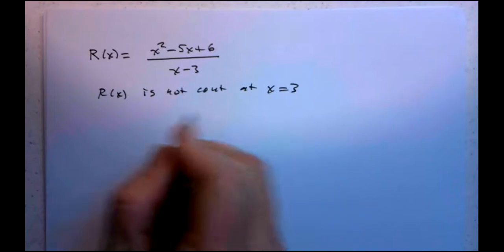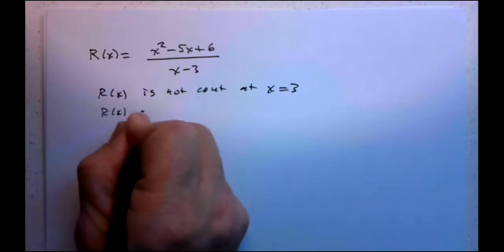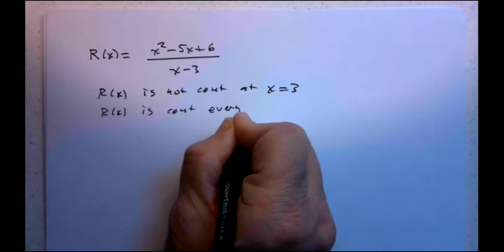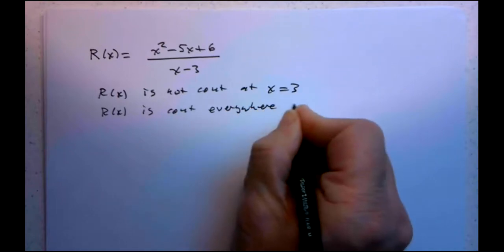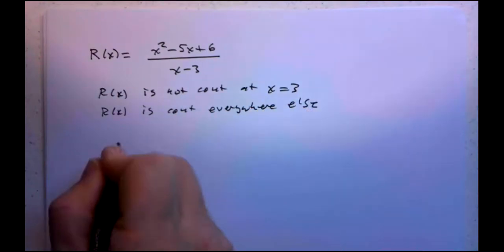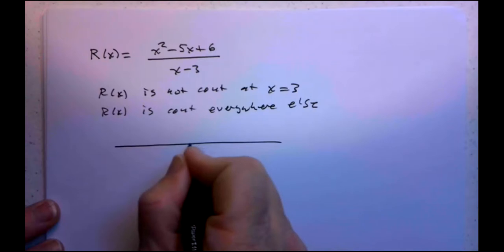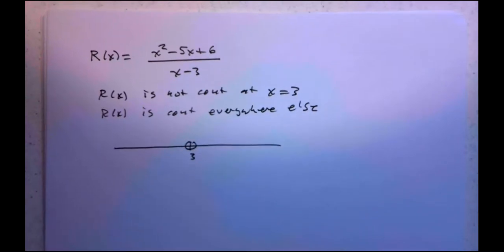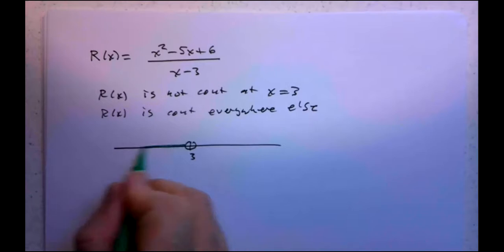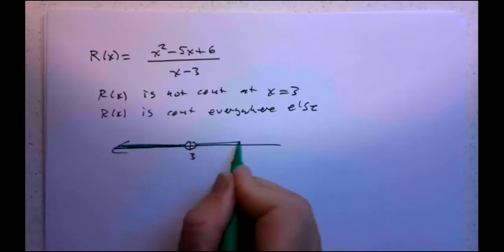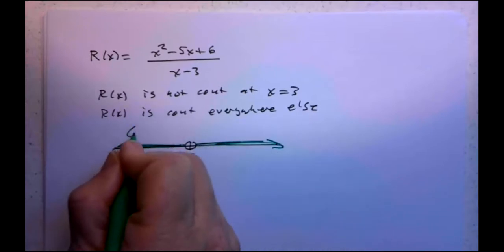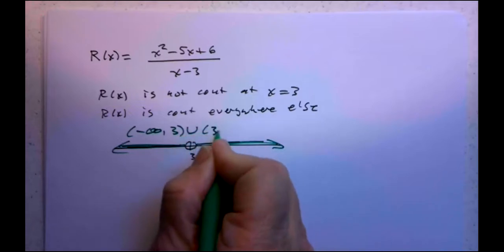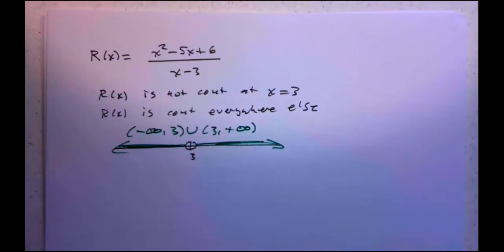But it is continuous everywhere else. So in terms of listing a number line where that thing is continuous, we remove 3, but everything to the left is continuous, everything to the right is continuous. And then we would say interval notation negative infinity to 3 union 3 to plus infinity.